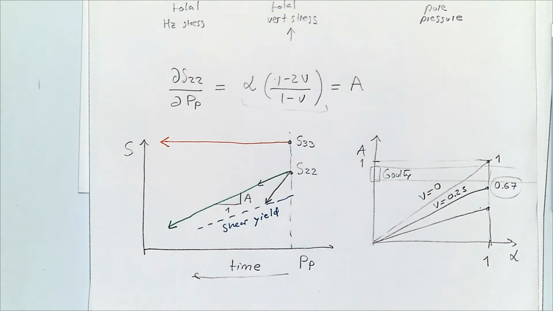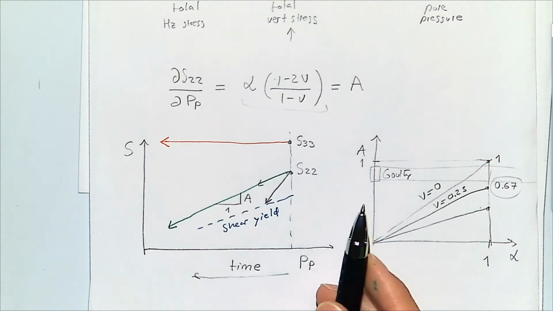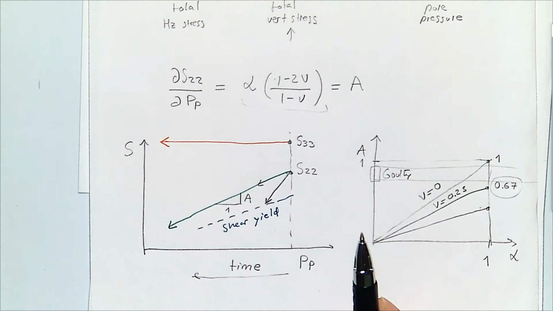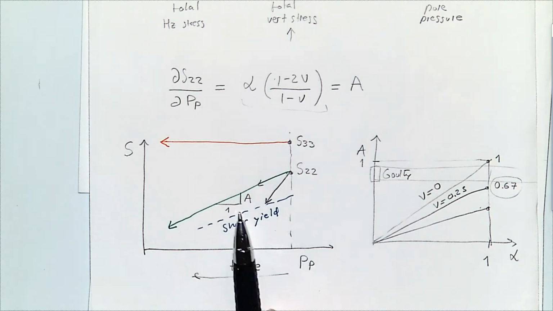You decrease pore pressure, and effective stress increases in the vertical direction. And we're going to see that the horizontal effective stress will also increase in the horizontal direction. Although the total horizontal stress goes down, that doesn't mean that the effective horizontal stress goes down. The effective horizontal stress is going to go up.